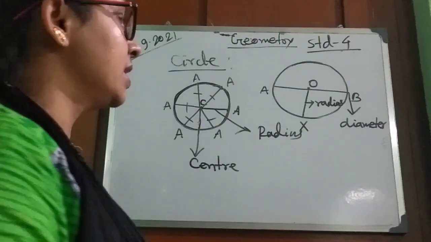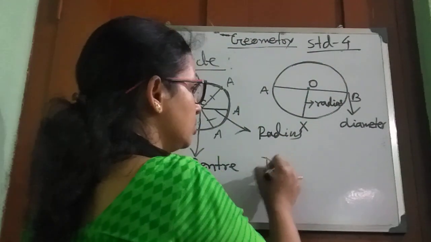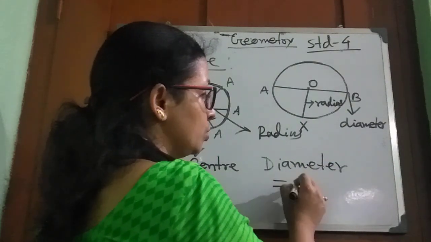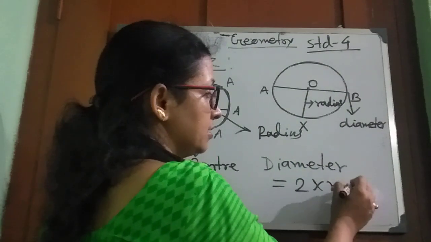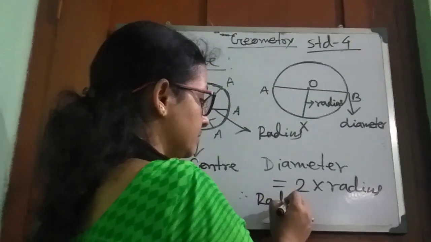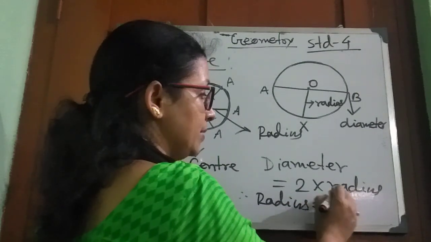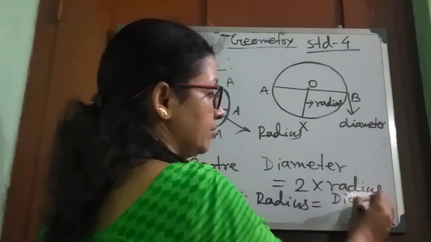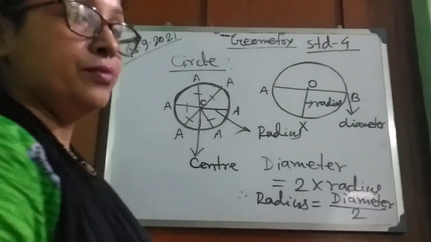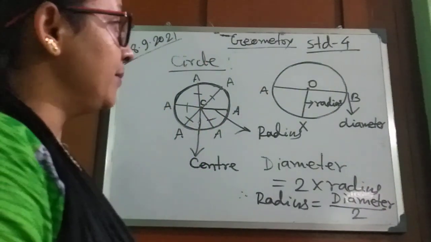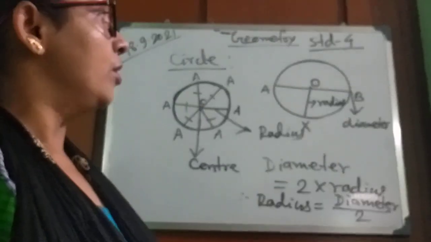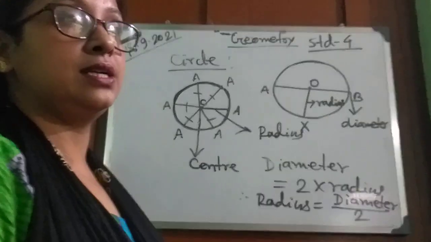So from this we can say diameter equals 2 into radius, or radius equals diameter by 2. So the diameter is a line segment which joins any two points on the circle and passes through the center.